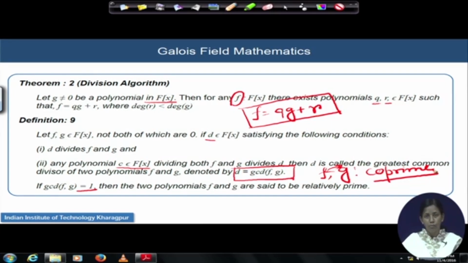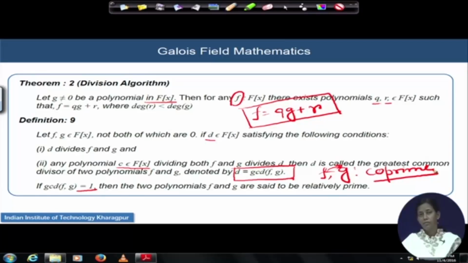Inside a group consisting of residues modulo p, with the prime numbers modulo p, we saw that any elements from 0 to p will always be coprime.